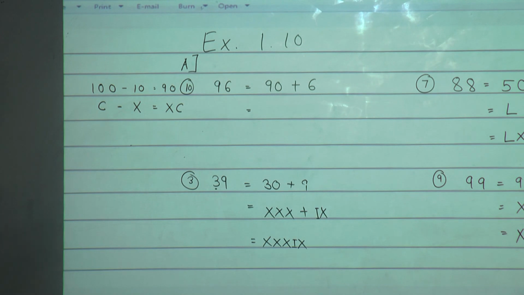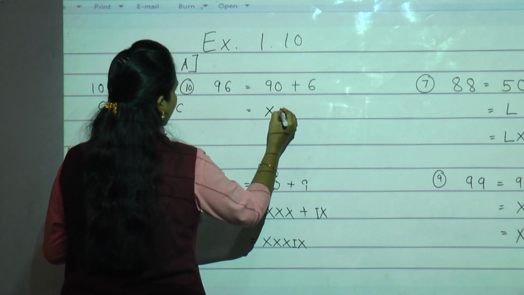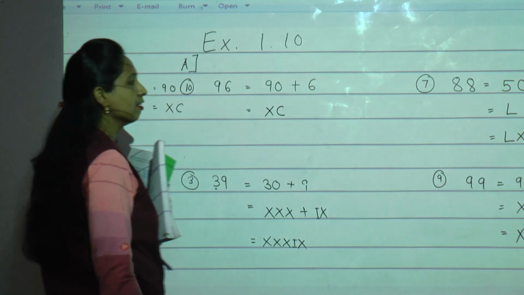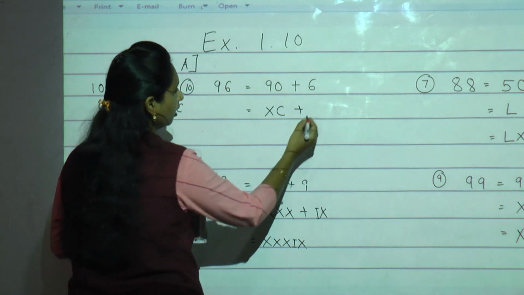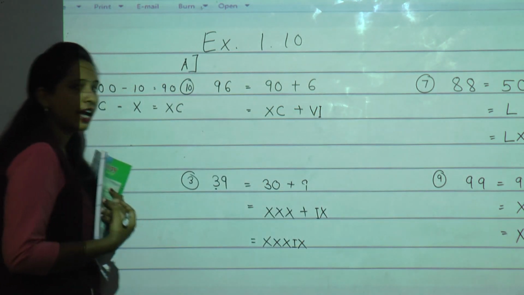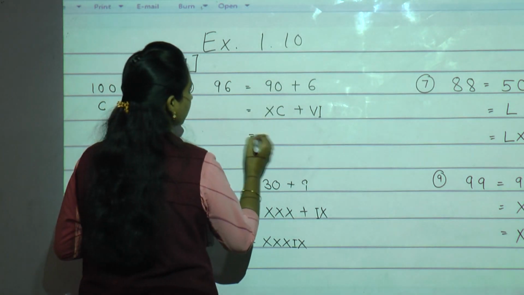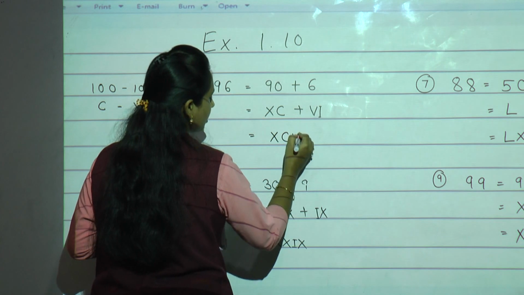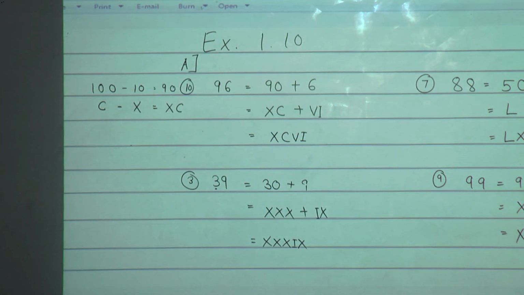So now, as you understood everyone, 90 value is XC. Now what about 6? Okay, V and I. VI is 6. So just write together XCVI. It becomes 96.